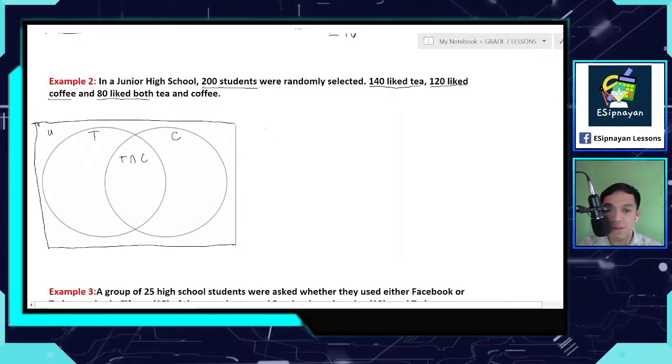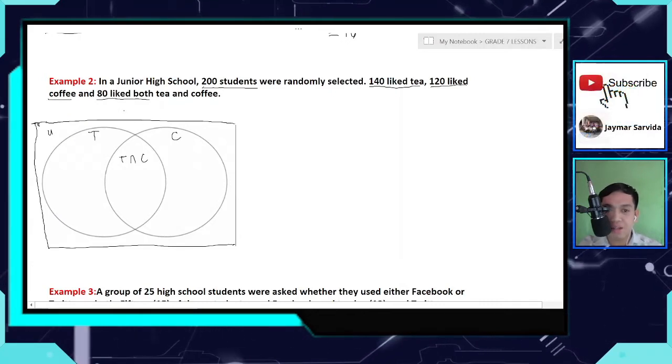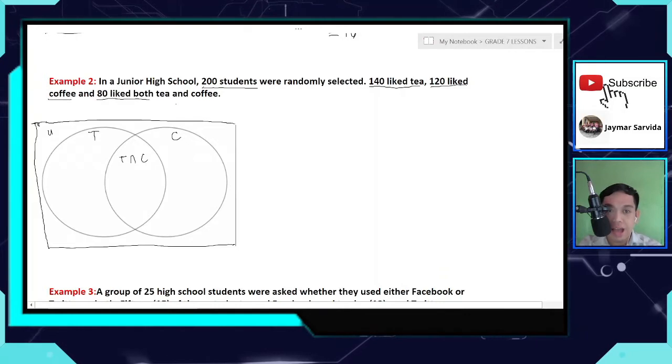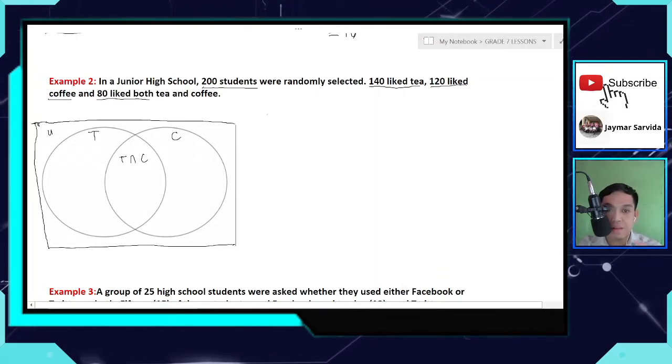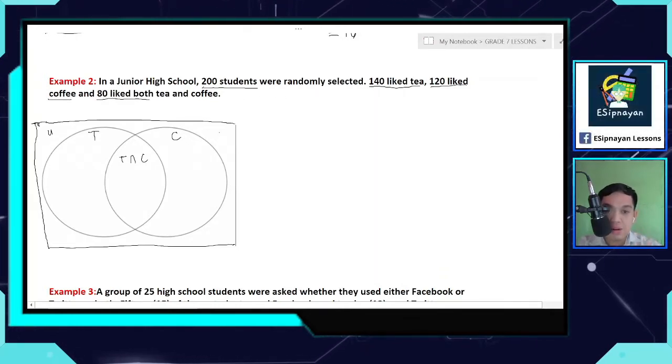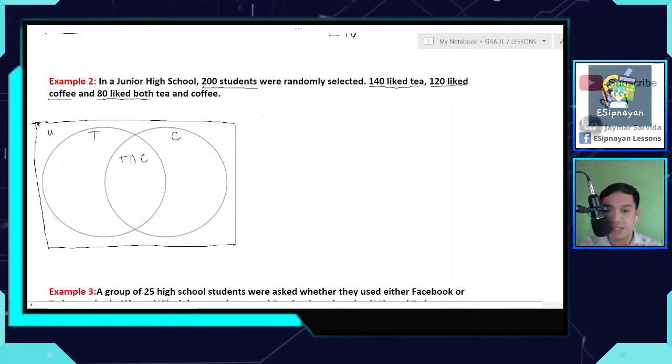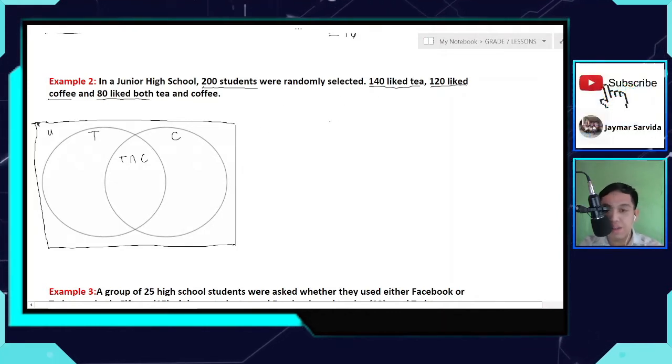So here, since given na yung ating 80, dito again, in a junior high school, ilan dito yung gusto ng tea at ilan dito yung gusto lang yung coffee. So dito class, ito na yung ating given, i-determine na natin yung ating operation.